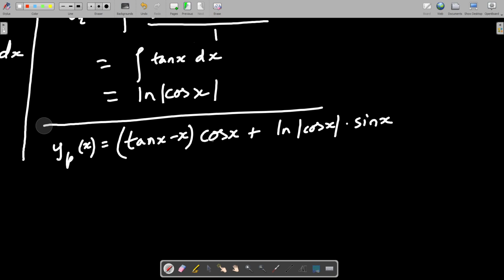Correct? No, the signs are okay. And the general solution will be y is equal to yc plus yp. Well, write it down yourselves. I have to finish one more problem.